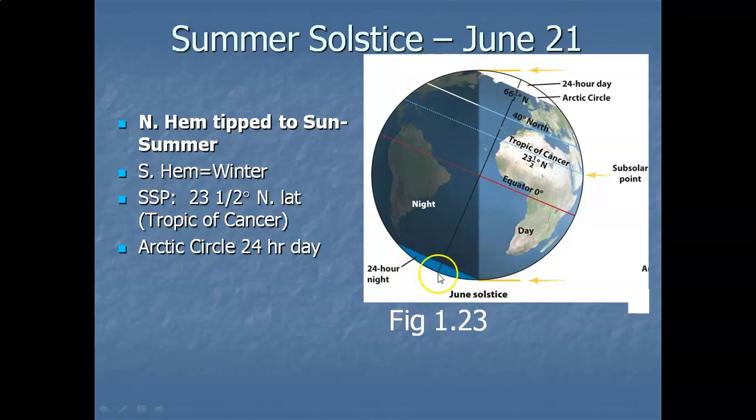And then the opposite is true beyond the Antarctic Circle. Remember, the first day of fall for them was 12 hours of daylight, 12 hours of darkness. And so it just started getting darker longer and longer until we reached this date, the first day of winter for the southern hemisphere.